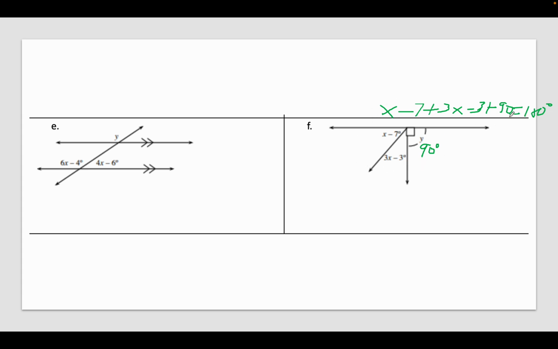Solve for x, or plug this into Desmos and find what x is. x and 3x are going to be 4x. Negative 7 and negative 3 is negative 10, plus 90 is 80.